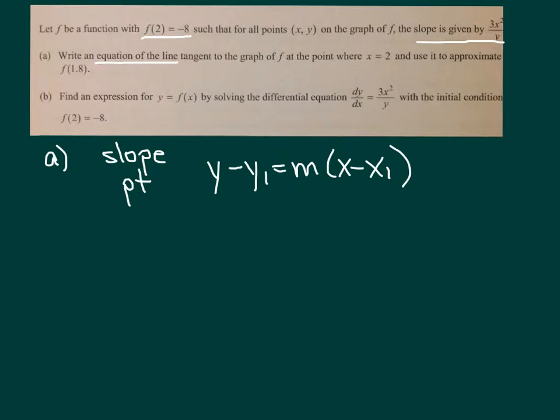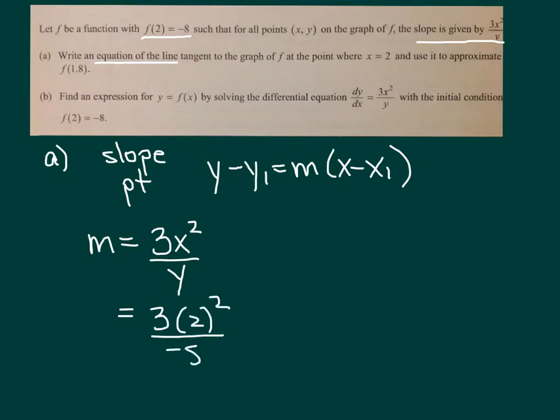So the slope formula is given to us by 3x squared over y. So now if we substitute the values 2 and -8 in, we get 3 times quantity 2 squared, all divided by -8, which is 12 over -8. And if we reduce that, divide by 4, we get -3/2.